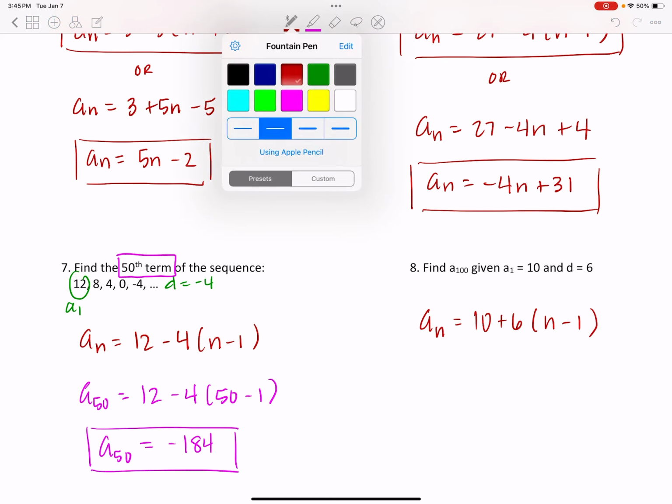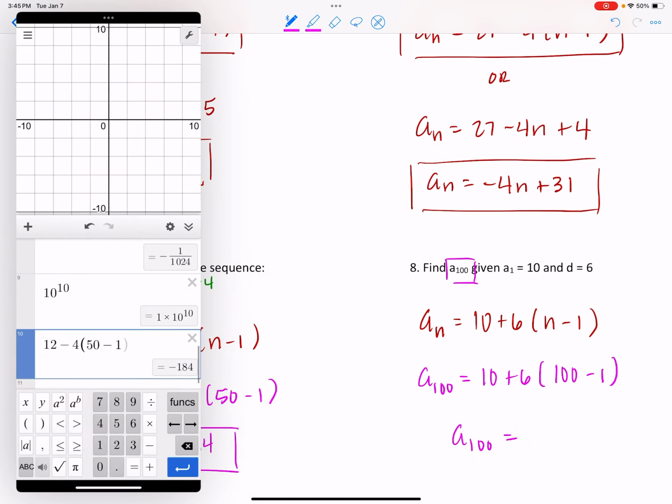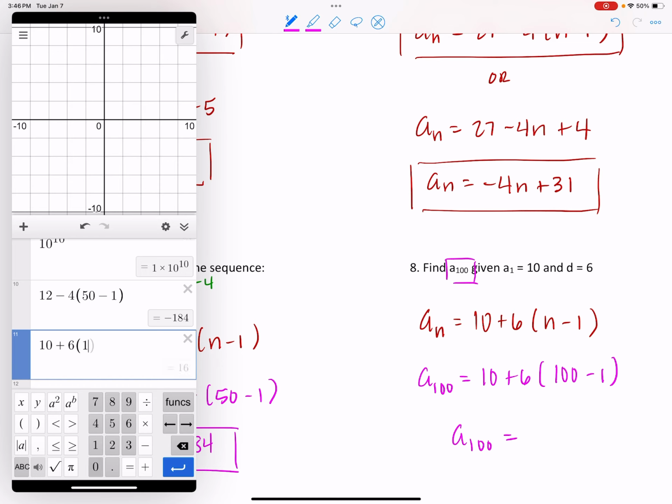If I want to find the 100th term, a sub 100, then I have 10 plus 6 times 100 minus 1, and I go to my calculator. Nope, careful, fat fingers, I don't know if you have that issue, but I do. I got 100 minus 1 in the parentheses. Alright, so 604 would be the 100th number on that list.